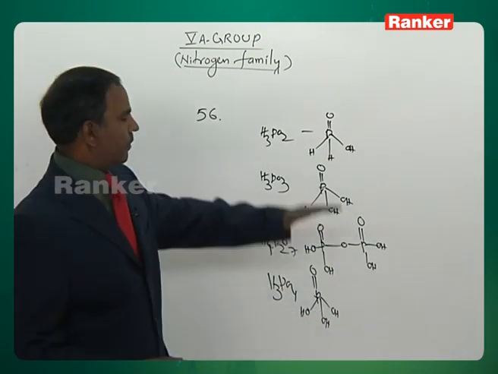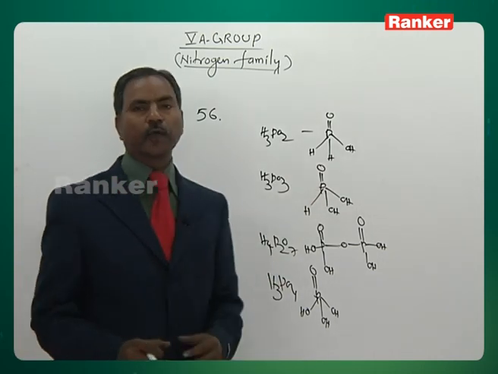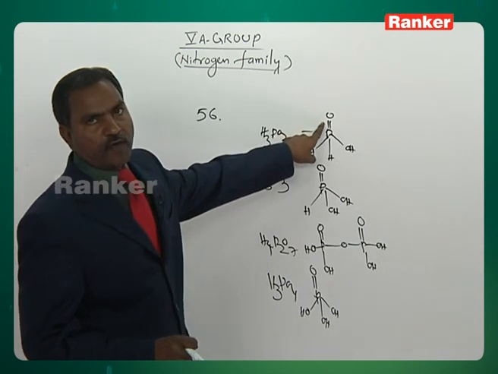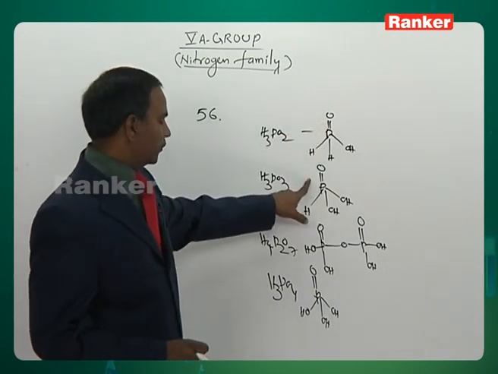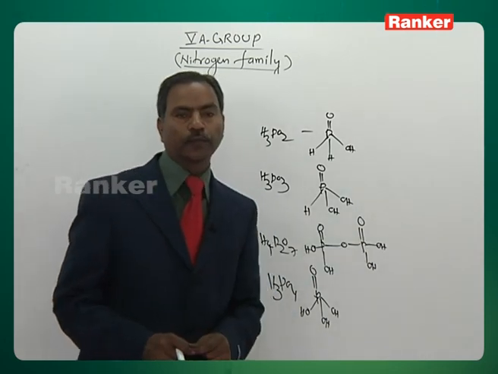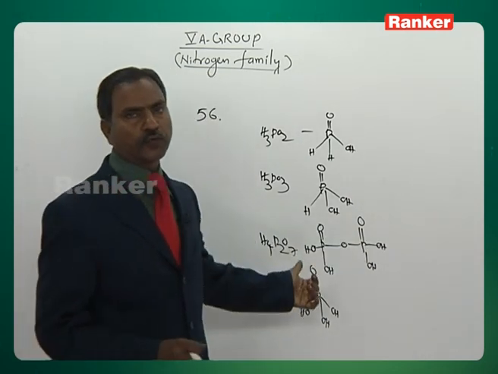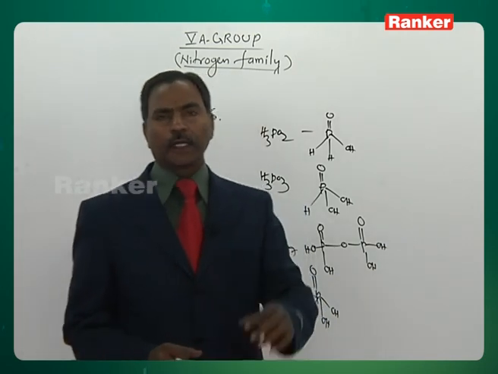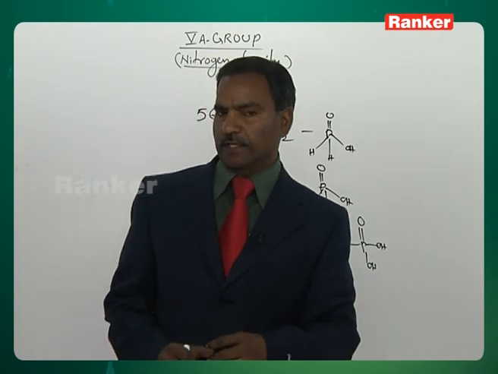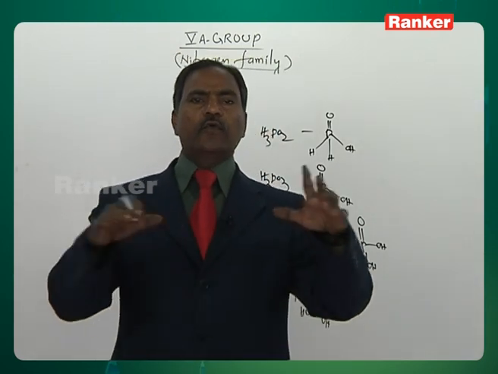One point: the basicity is actually more for H4P2O7. Second point, this one is carrying unprotonated oxygen atom 1, this 1, this 1. This one is carrying unprotonated oxygen atoms 2. So pyrophosphoric acid H4P2O7 carries 2 unprotonated oxygen atoms. Moreover, it is carrying 4 OH groups.